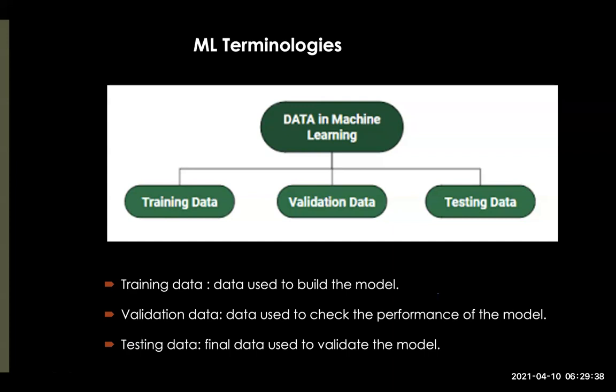And after you are fully satisfied with your model, meaning I am ready to deliver this model to the customer, it is now perfect or nearly perfect, then I can finally validate the model with the testing data. Any question at this point on training, validation, and testing? Are we good? None from my side. Awesome.